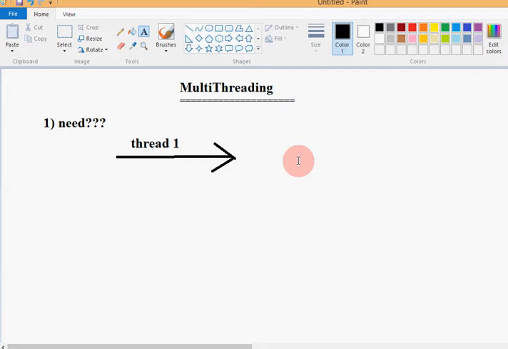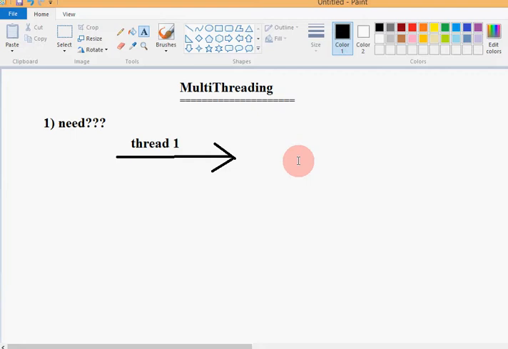While running a task, if it pauses, this pause time will not be used for other task execution. In simpler terms, if the CPU is idle, it doesn't do any work in that time, so the CPU doesn't use its valuable time.